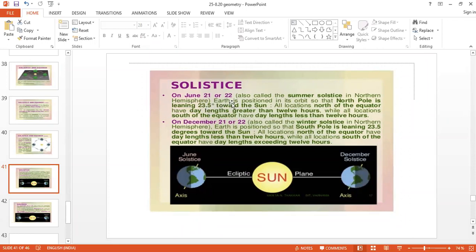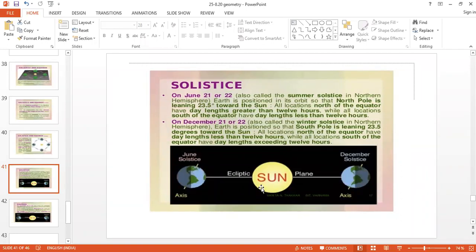June 21 or 22 is also called the summer solstice. As already discussed in the previous class, in the northern hemisphere, Earth is positioned in its orbit with the North Pole tilted at an angle of 23.5 degrees towards the sun.